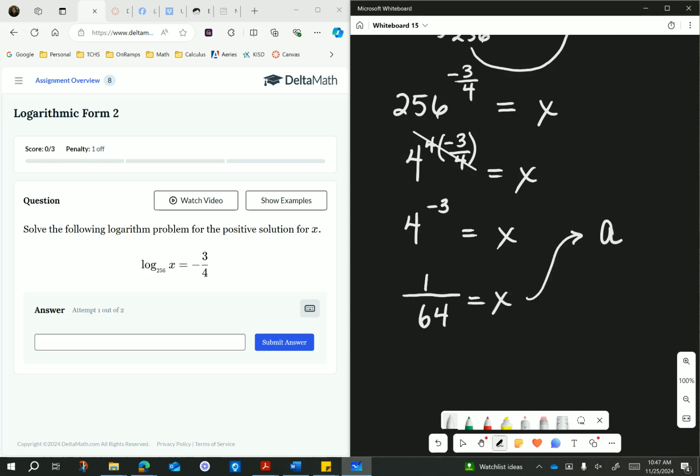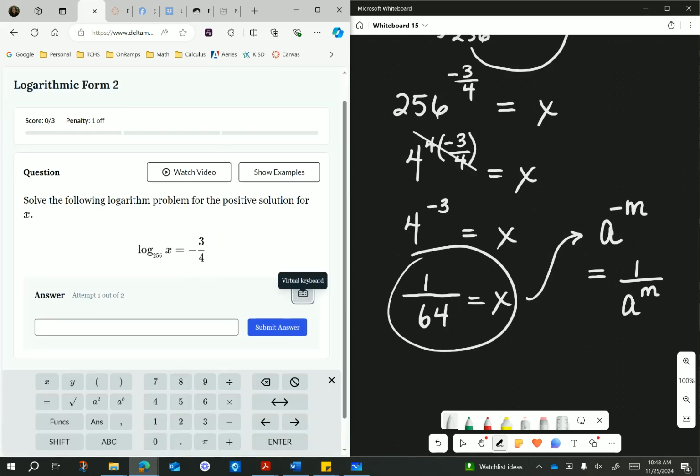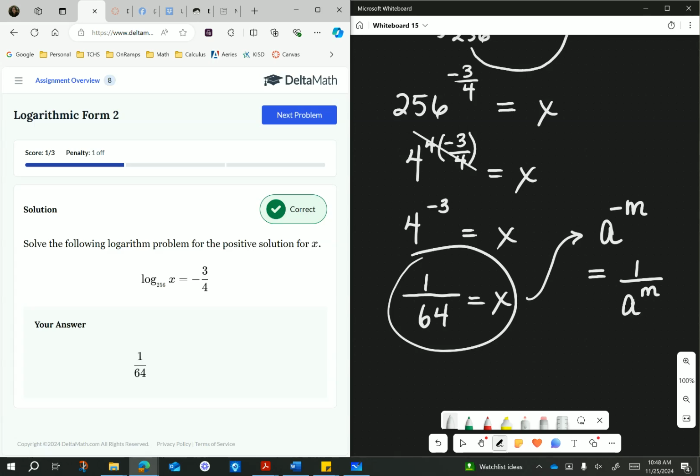As mentioned before, if you have some value raised to a negative exponent, you merely can rewrite it as the reciprocal with the base to a positive value exponent, and vice versa. So this would be our answer for this particular problem. So I'm going to come over here, type 1/64, hit submit, and there's my answer.